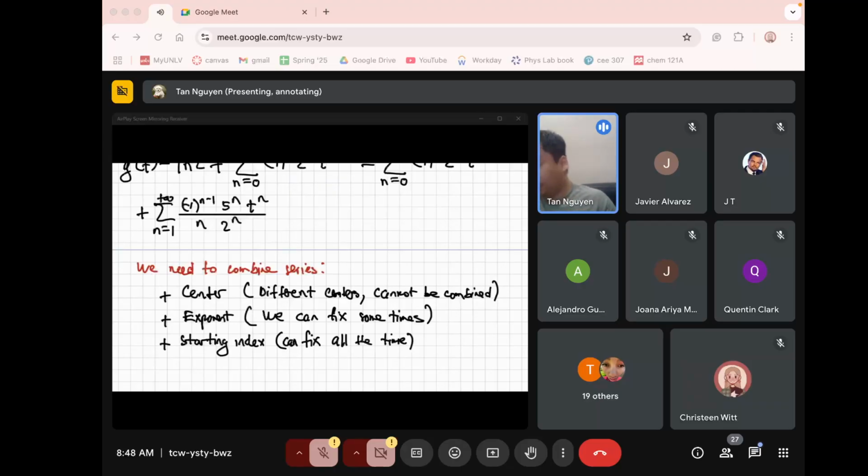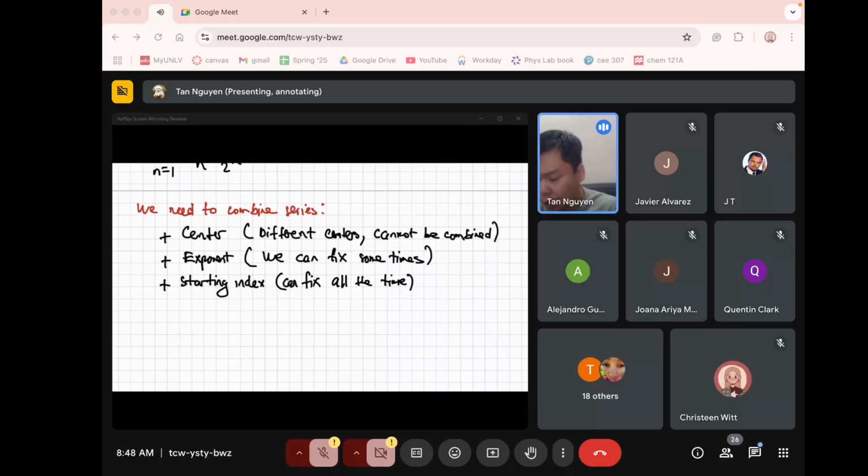So let me explain in this problem. So the centers have to be the same. If the centers are not the same, that's it. There's nothing we can do. If the exponents are not the same, as you can see in this example, sometimes we can fix, but sometimes we cannot. For example, if you see t to the 2n plus 1 and t to the 2n in some of your series, they're not the same exponent.